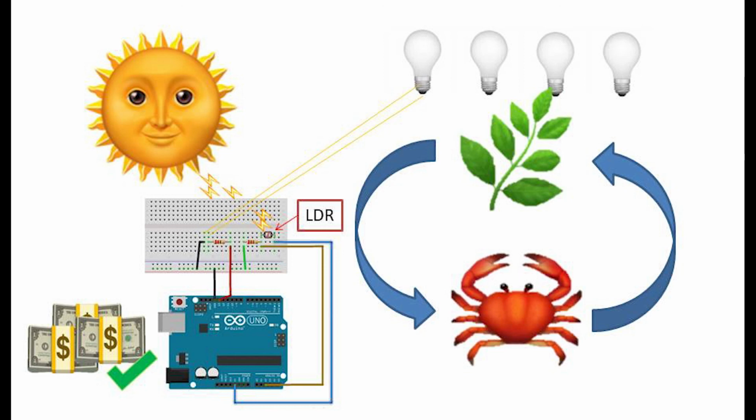Using the same concept, we will connect LED growth lights instead. Therefore, the growth lights will only turn on when the room is dark, so we will not waste electricity, and this can reduce our expenditure.